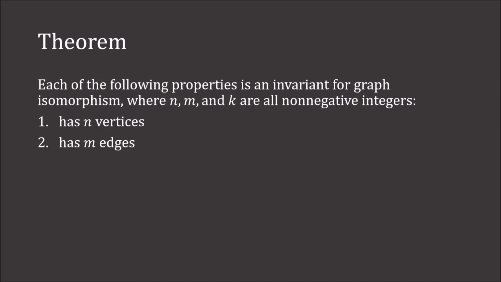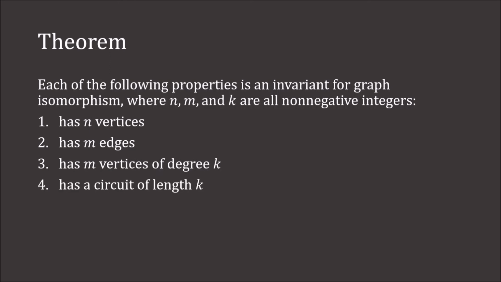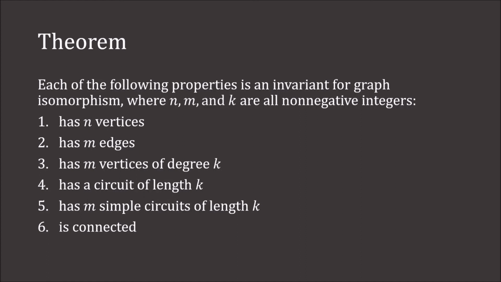Second one has m edges. Third one has n vertices of degree k. Fourth has a circuit of length k. Fifth has m simple circuits of length k. And finally, sixth is connected.